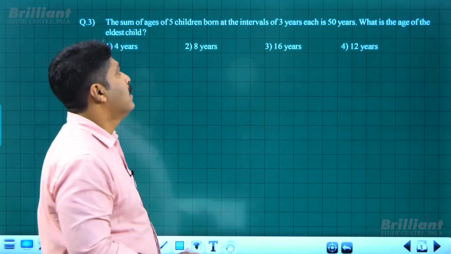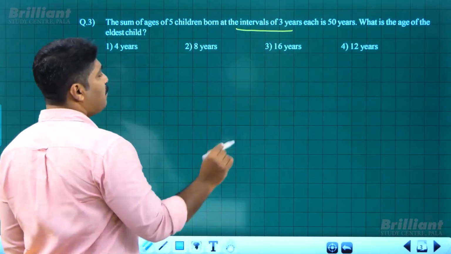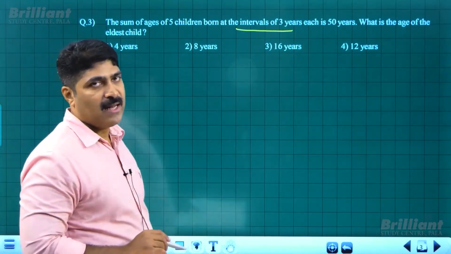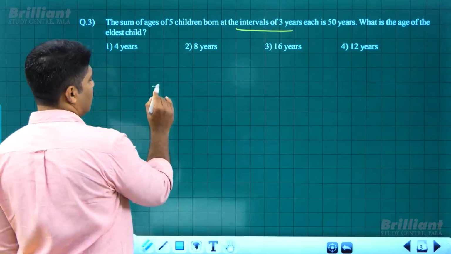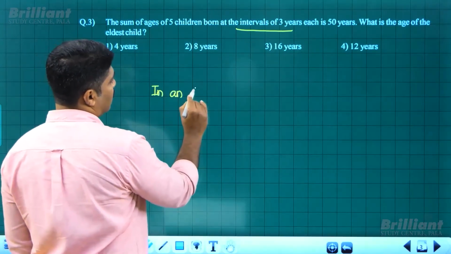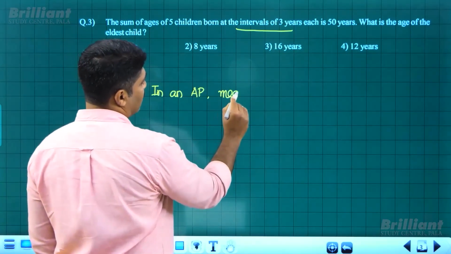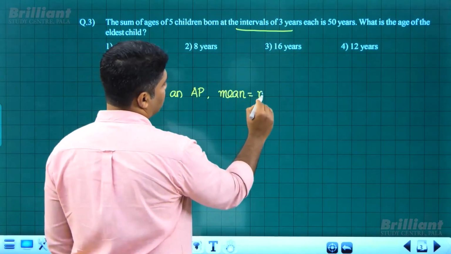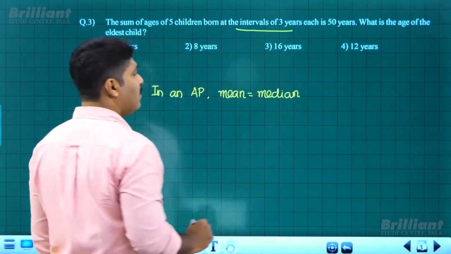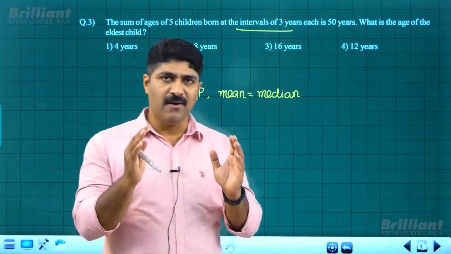So here it's a uniform interval. Uniform interval in the sense the given ages are in an arithmetic progression. We already learned that point. In an arithmetic progression, mean equals median. What is mean? Mean is average.